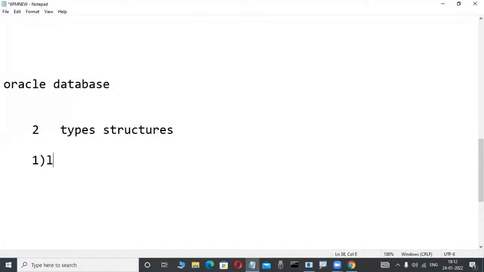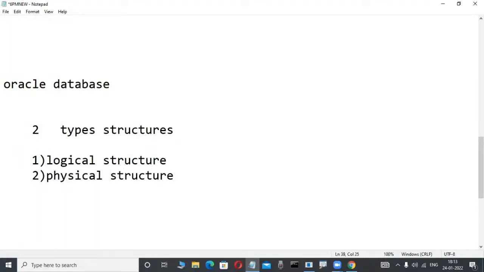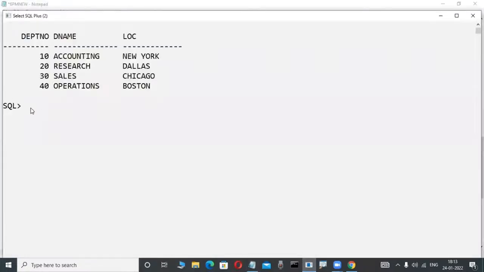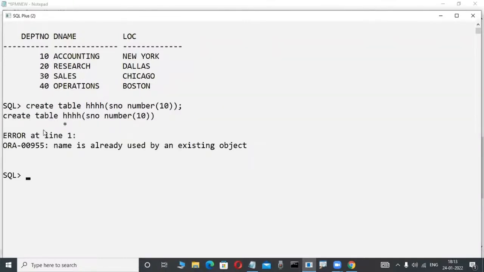What is a logical structure? Suppose you are creating a table or anything in your database, for example. Whenever I'm creating a table, observe here. Already these tables are there.